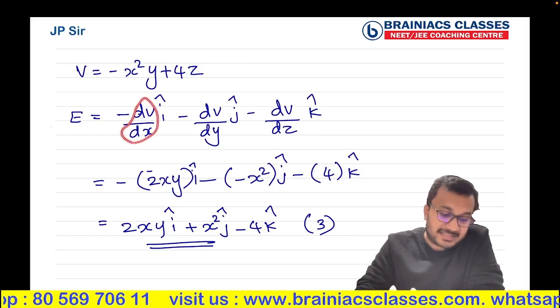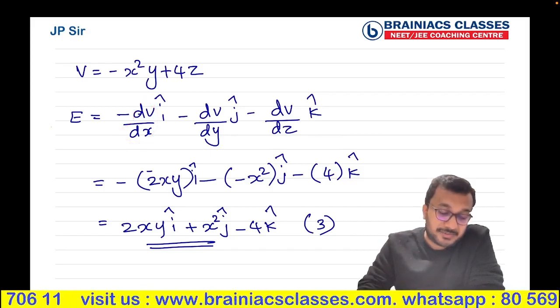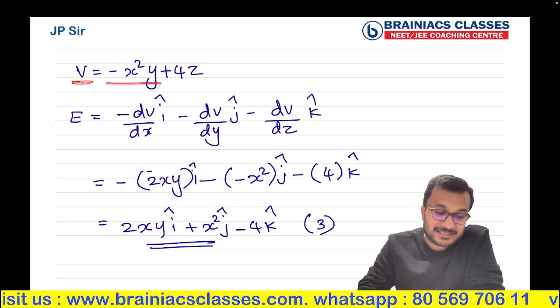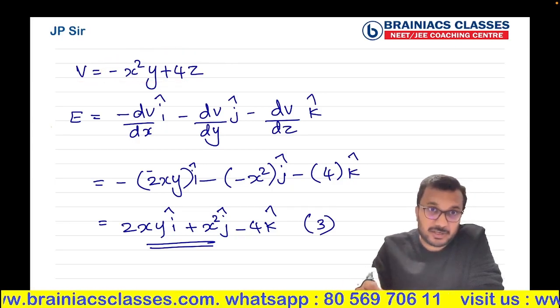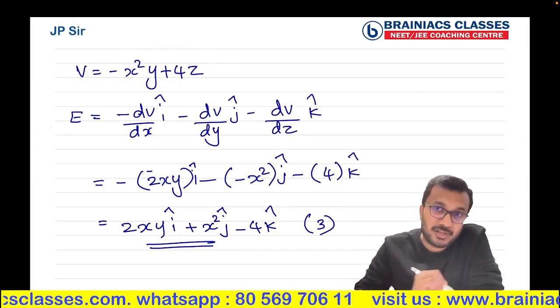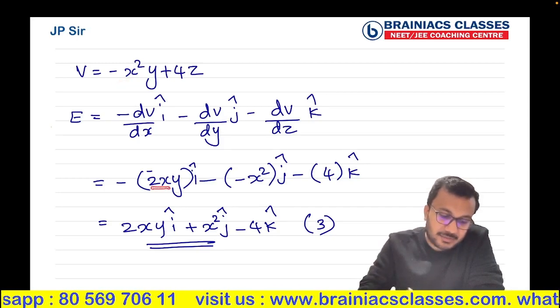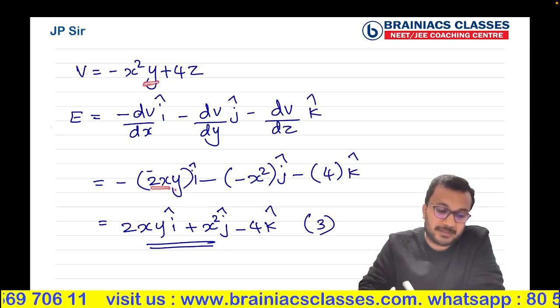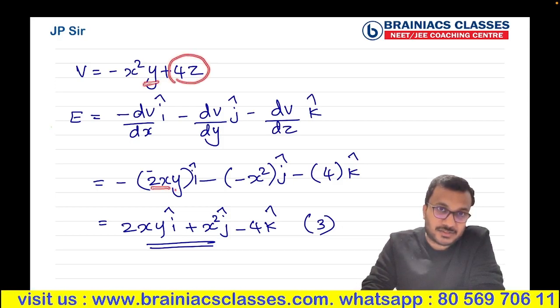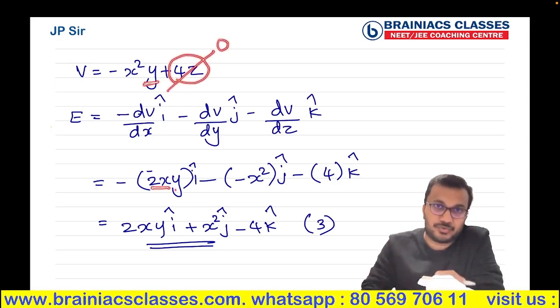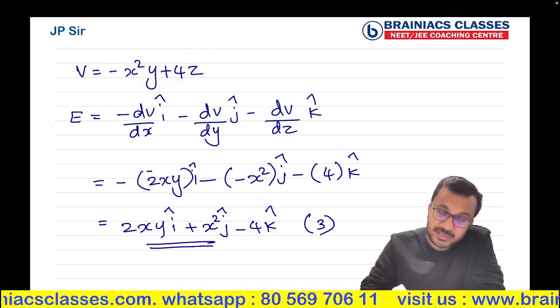dV by dx, the differentiation of potential with respect to x. So only the x component you differentiate. Minus x square differentiates to minus 2x, y is constant, so into y. Here there is no x component, so differentiation equals 0. That is over.